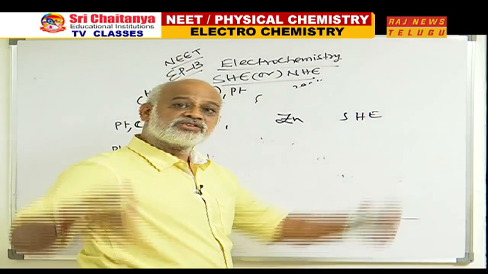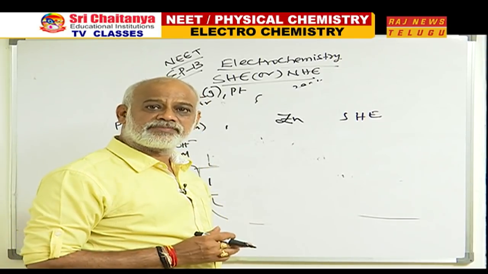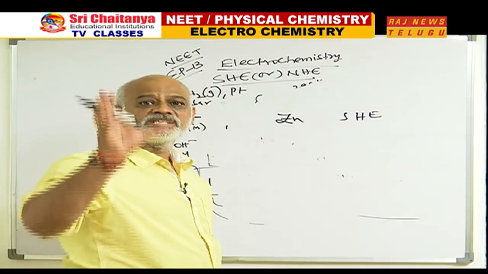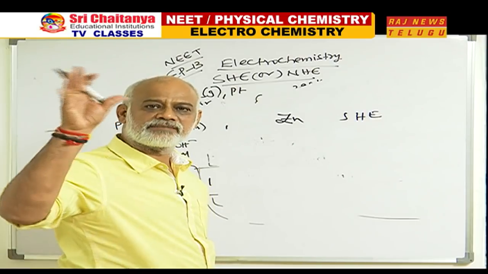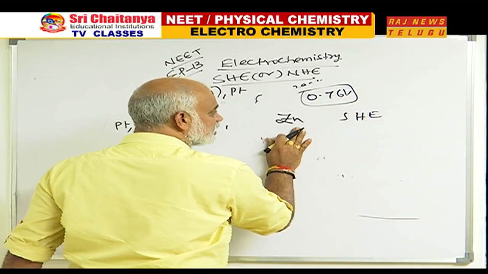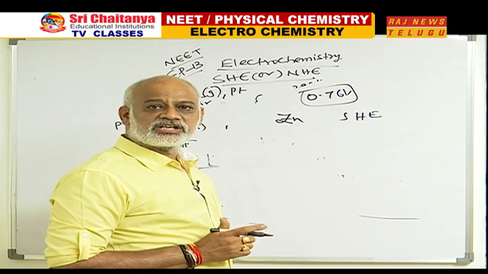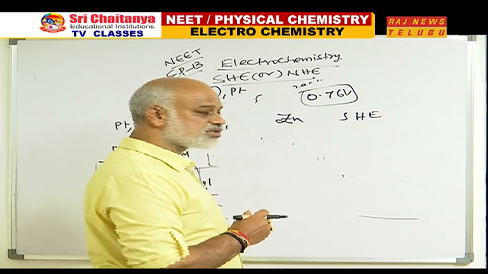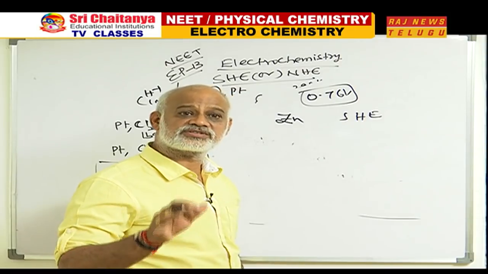You recollect the construction of a galvanic cell, connect them through a copper wire or a potentiometer, salt bridge. You do all these constructions and measure the potential difference, the EMF. Let us say the voltage recorded when a zinc electrode is connected to the standard hydrogen electrode, the potential difference, is 0.76 volts.